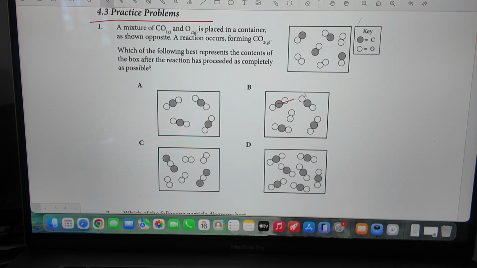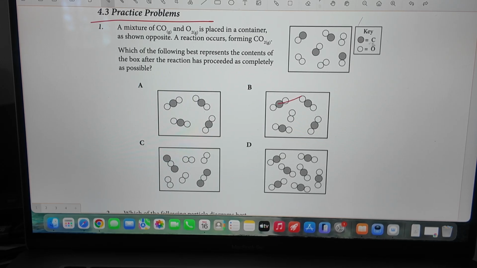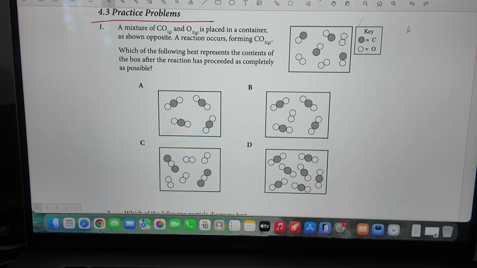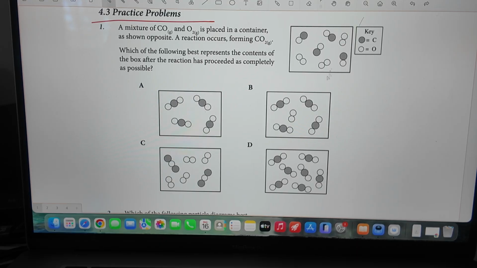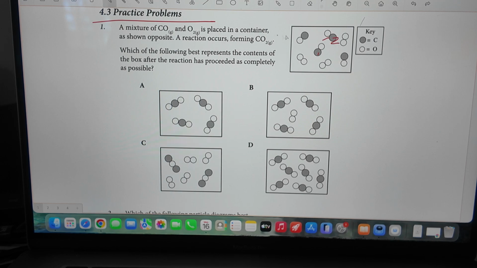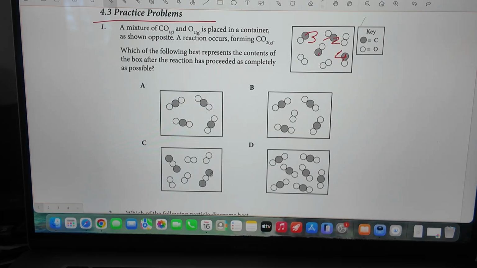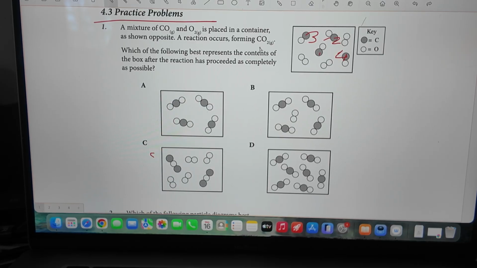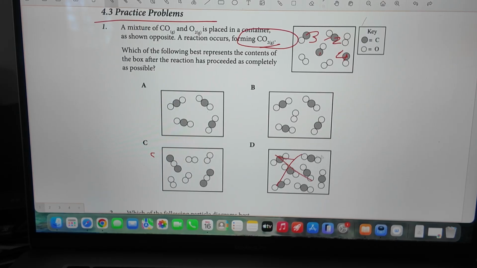Off the bat, we have 1, 2, 3, and 4 carbons, and we're forming CO2. So it couldn't be this one because there's more than 4 carbons here.